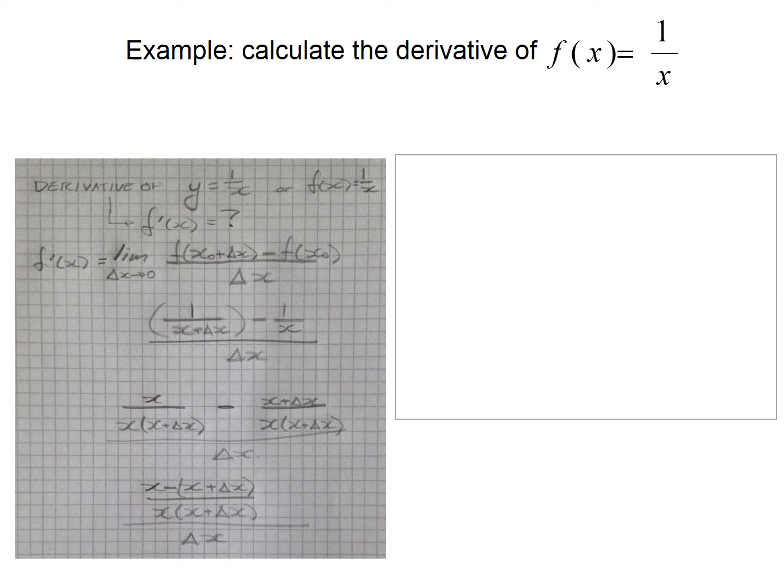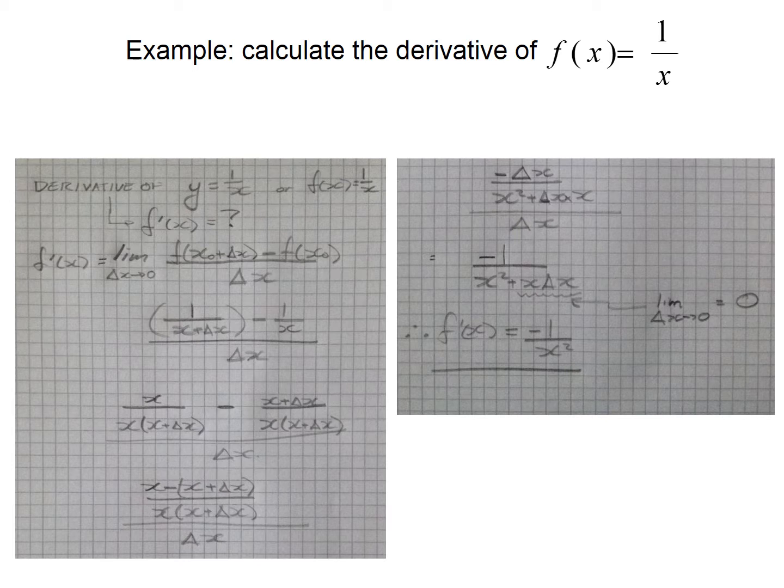We manoeuvred things around to give us ultimately this equation, where we got minus 1 divided by x squared plus x delta x. Then we think, what happens when delta x becomes very, very small? When it tends towards 0, this term here, x delta x, becomes 0. That just leaves us with this part here, and we've just shown down here that that's the gradient.